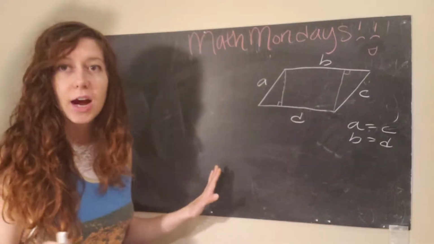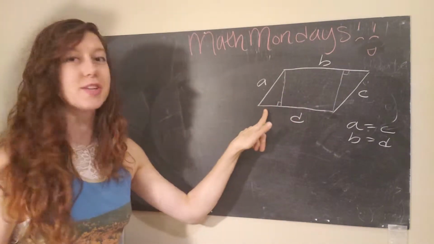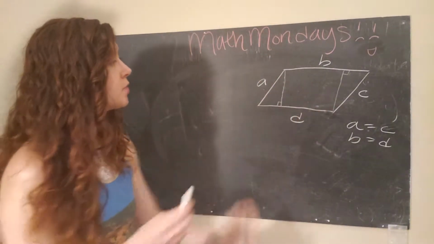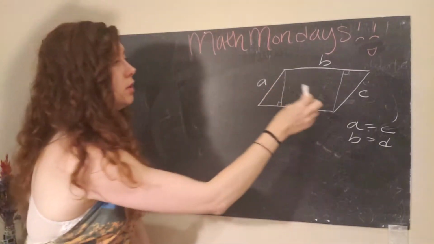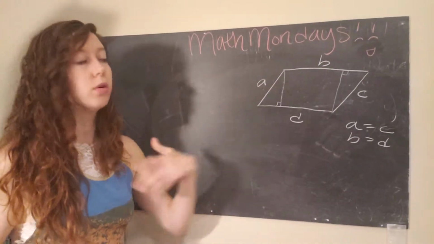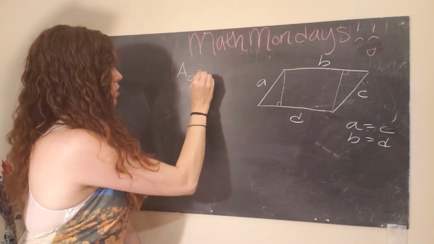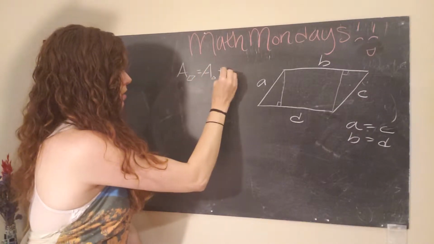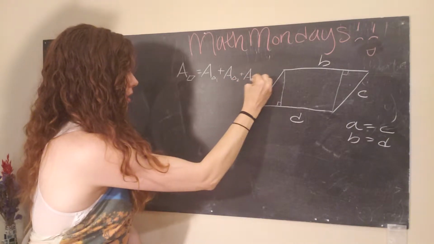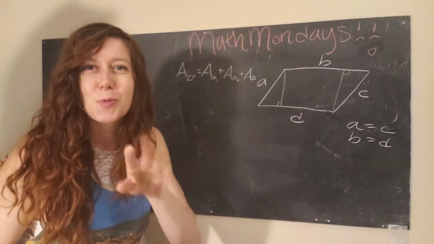Now we have to start asking, what are the lengths of the sides of the triangle? Because the idea is that to find the total area, we're going to add the area of this triangle, the area of that triangle, and the area of the square, and that will equal the parallelogram. To write that in an equation, I'll just do a triangle plus a triangle 2, I'll say that was 1, plus a square, or rectangle. It's probably not a square. It might be, who knows? We'll figure that out.